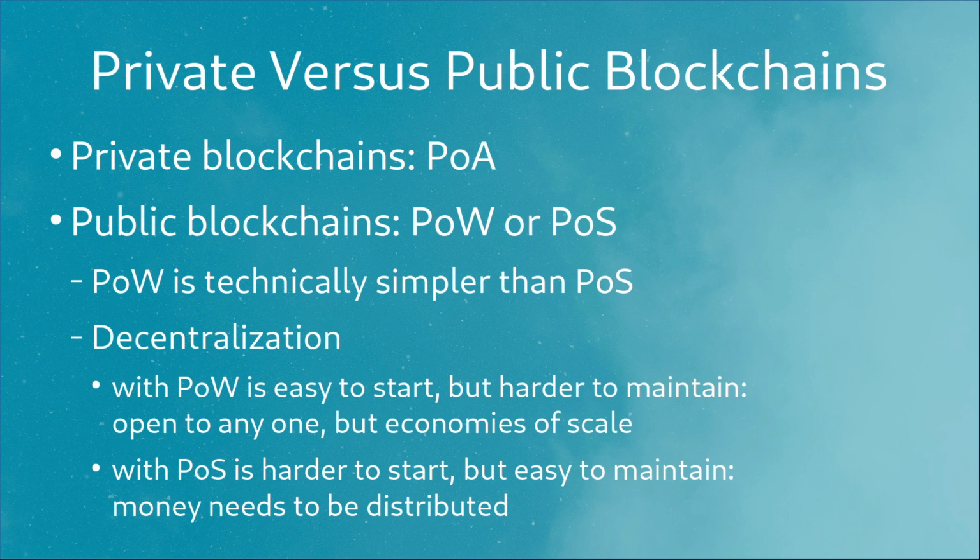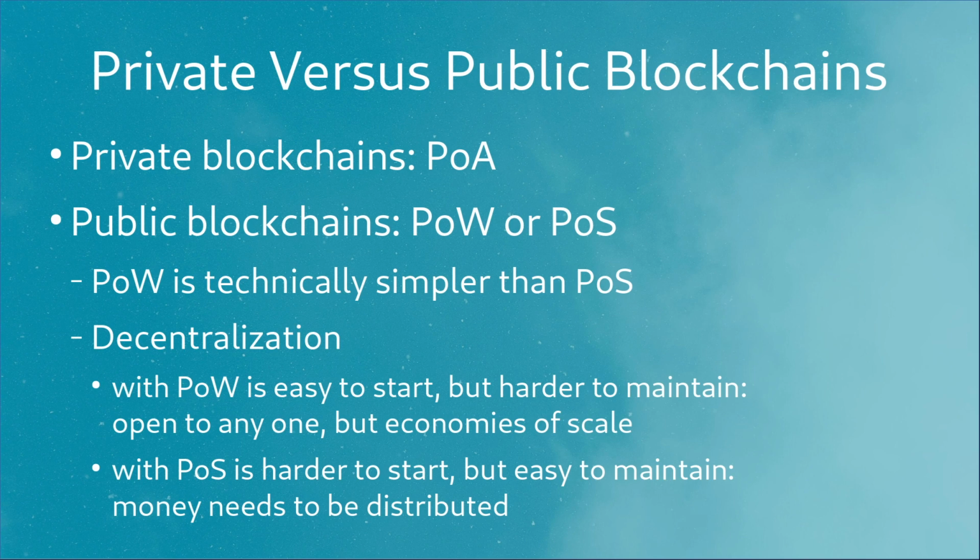With proof of stake, the difficulty is that you need to distribute the cryptocurrency that is used for staking to enough different people so that there is not one group of people that controls a majority of the cryptocurrency. If you start a new blockchain and you own all the cryptocurrency, you cannot use a proof of stake consensus mechanism because you decide what happens with the blockchain.